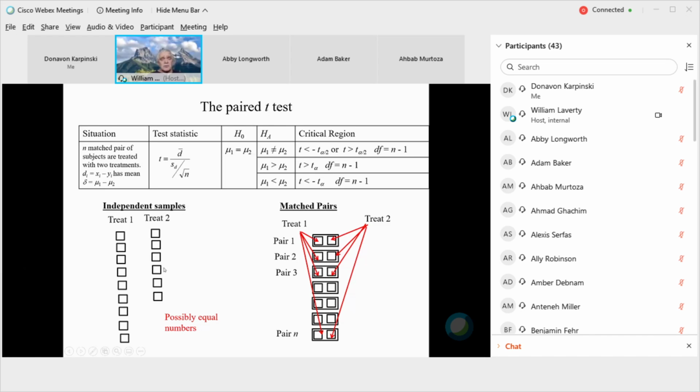In the independent samples test, you could have equal numbers on both treatments, or you could have unequal numbers. The observations in the independent sample test are not related to corresponding observations in the other sample.